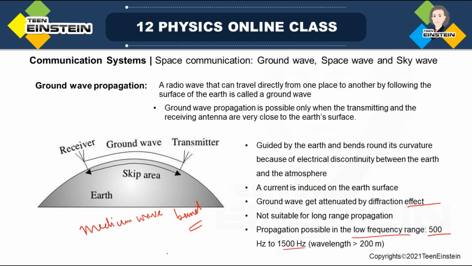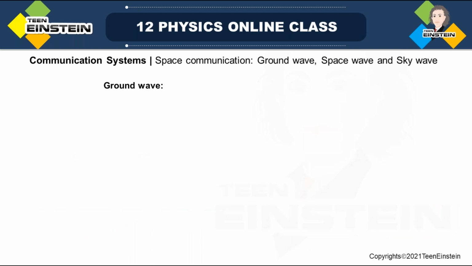Then what is the maximum range of wave propagation? What are the factors on which the maximum range of propagation depends? There are two factors, let me write them first.